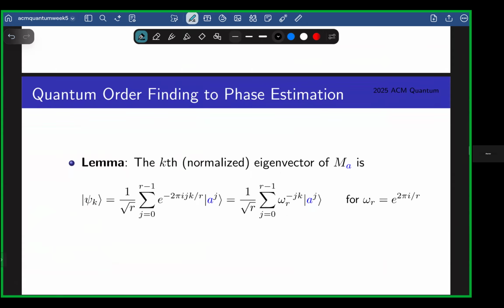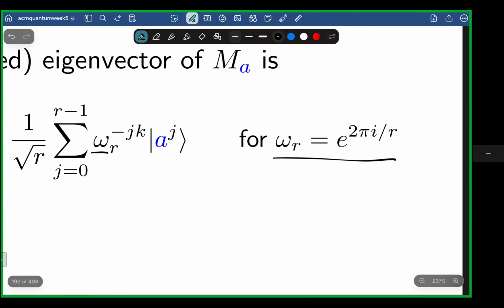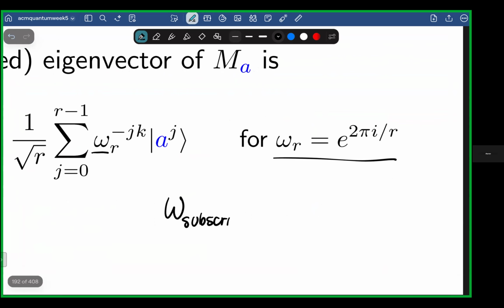Also, we define this omega r, and this notation is going to be consistent around the whole thing. Anytime you use omega with a subscript, it's going to be equal to e to the 2 pi i over that subscript.